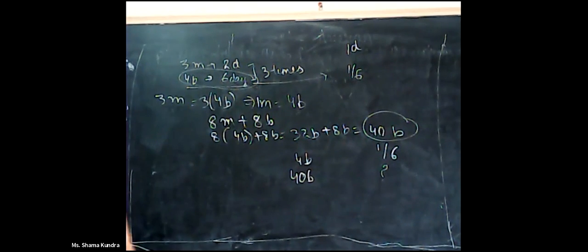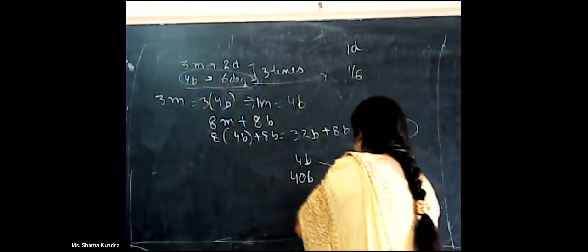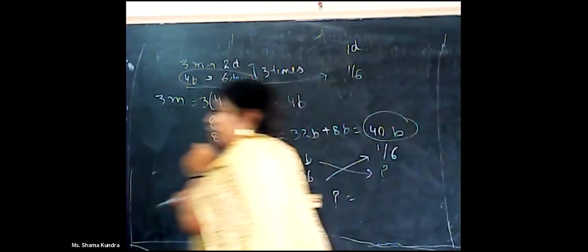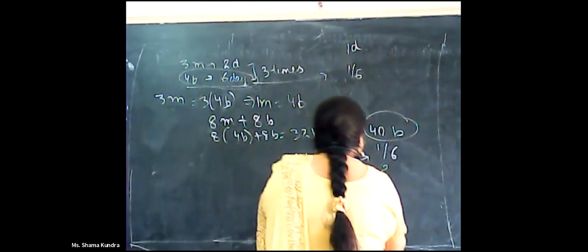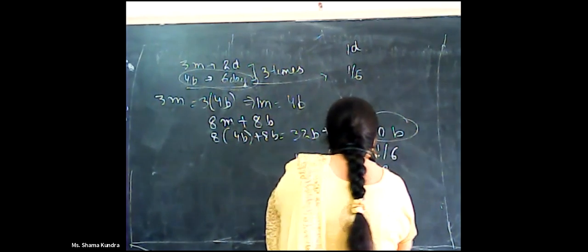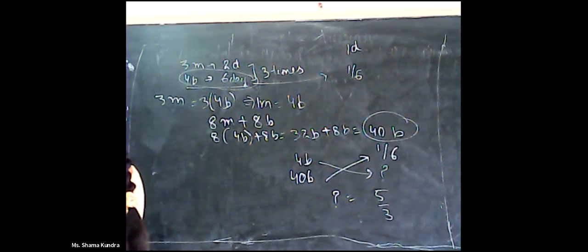So simply cross multiply and you will get the value of question mark as 5/3, as b will be cancelled out with b. This is the amount of work done by 40 boys in just 1 day.